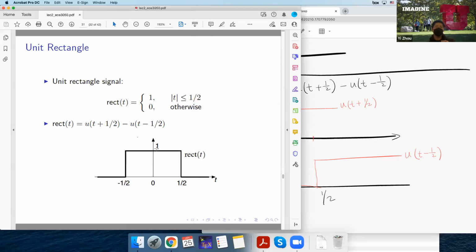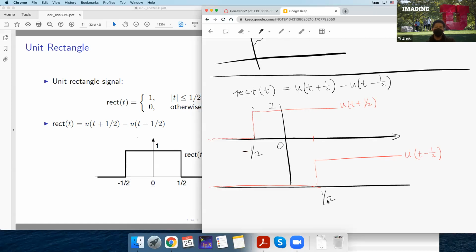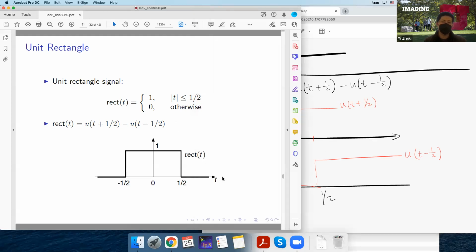So that's why we get this constant 1 between negative 1/2 and 1/2. And then beyond 1/2, both signals take value 1. So 1 minus 1, we get 0. Again, we get this 0. So this is how we create this rectangle signal by subtracting 2 shifted unit step functions.